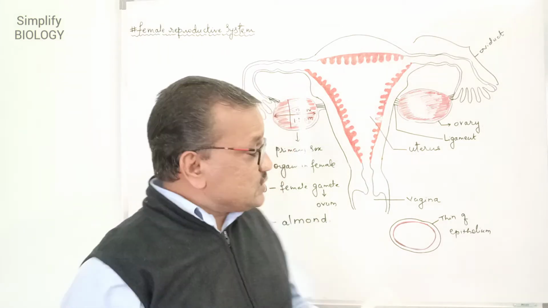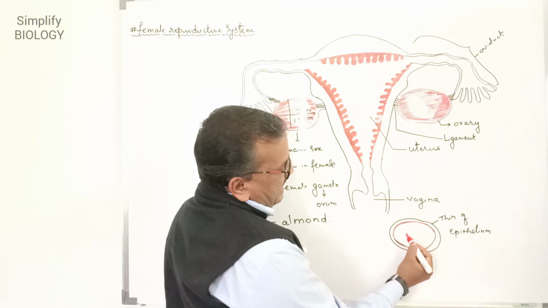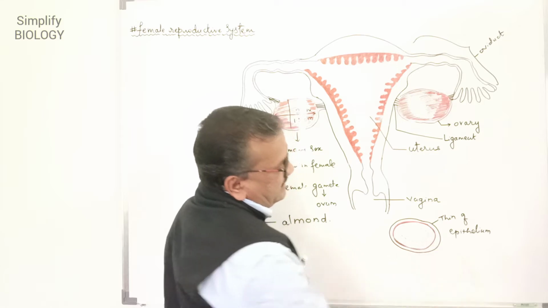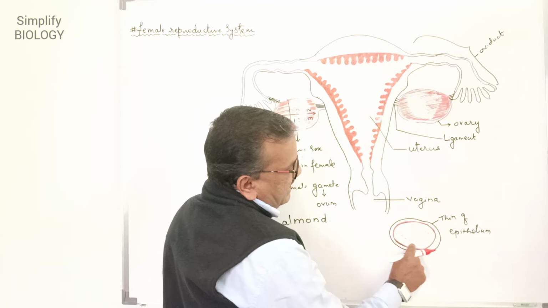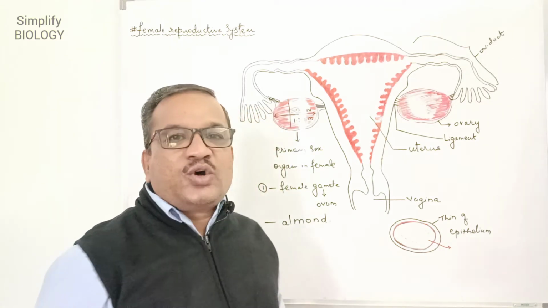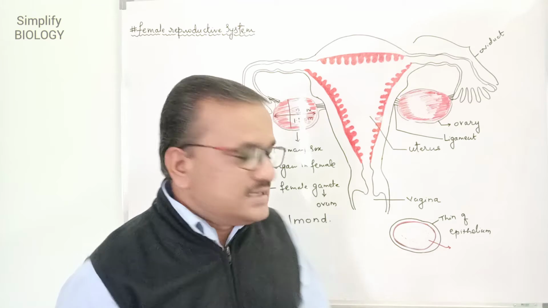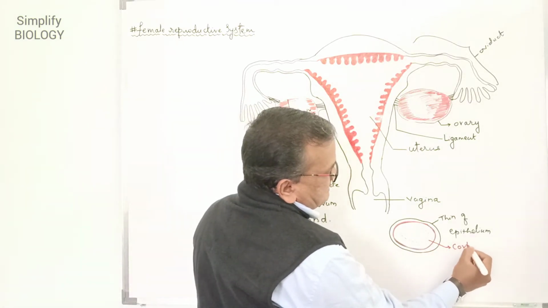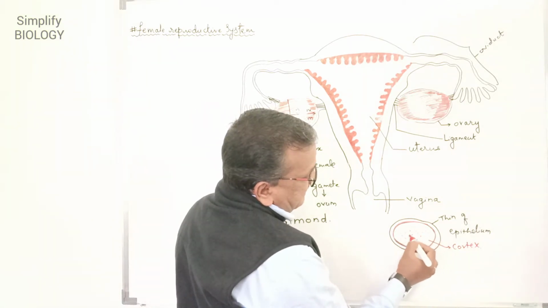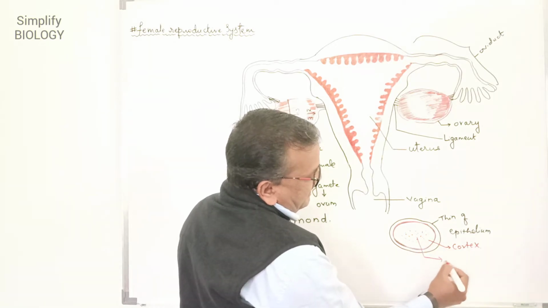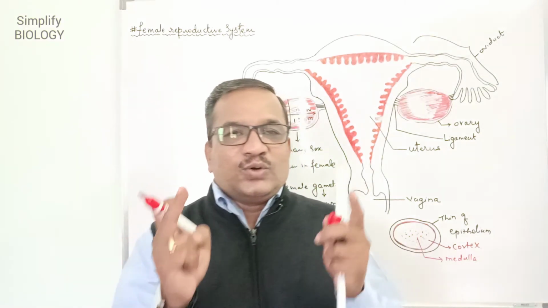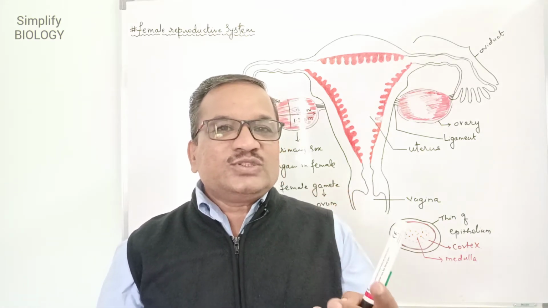Then this stroma inside is divided into two parts. Into which parts? The stroma is divided completely into two parts. The peripheral region of the ovary or ovarian stroma is called the cortex region. So this is called the cortex region of the ovary, and the inner layer of the ovary will be called what? Medulla region. So ovarian stroma is divided into two zones.